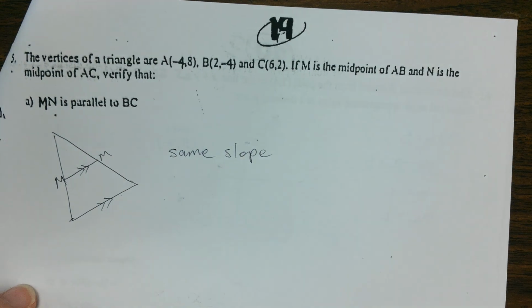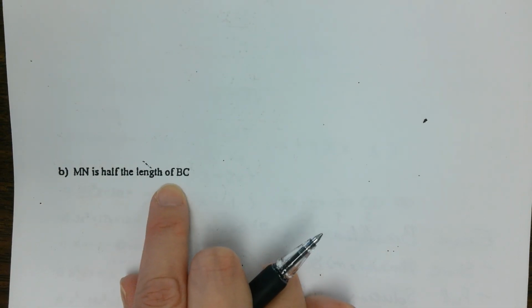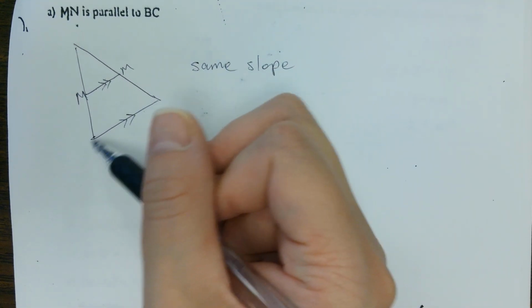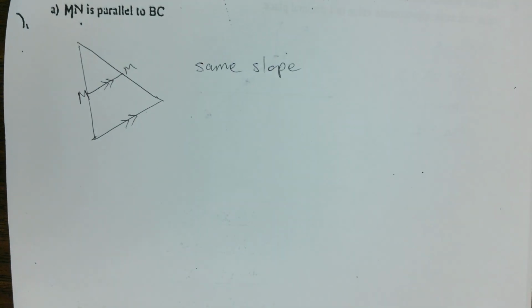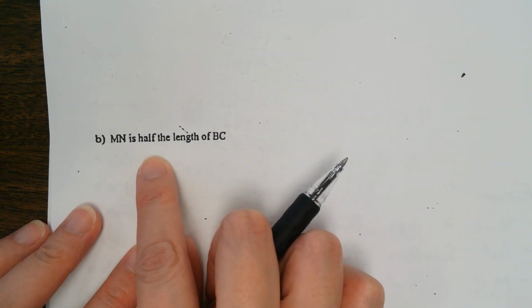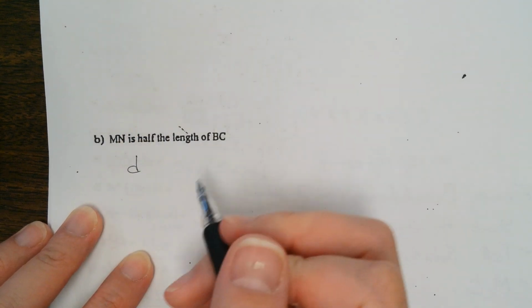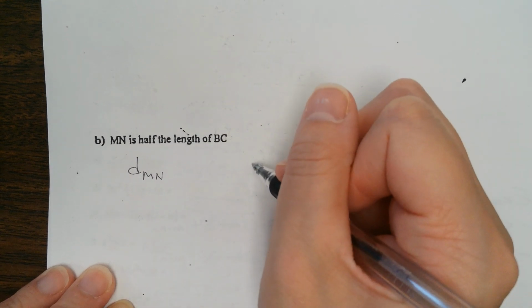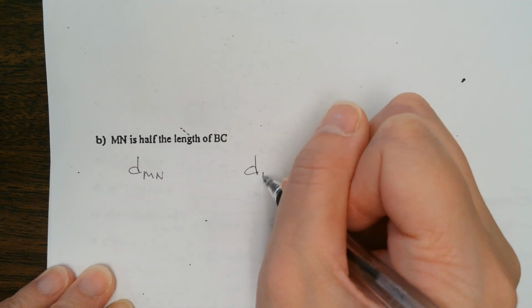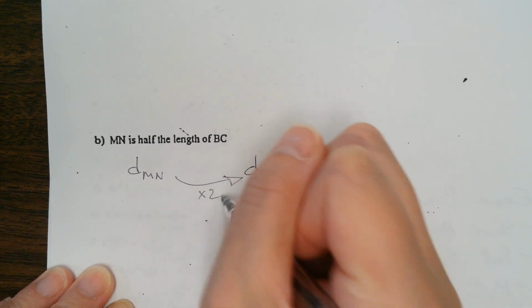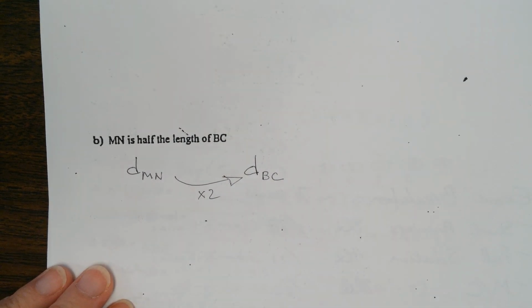And that MN is half the length of BC, so this length is half of this length. You'll have to find the distance formula of MN and compare it with the distance formula of BC, and it should be twice as much. Okay, so the distance formula.